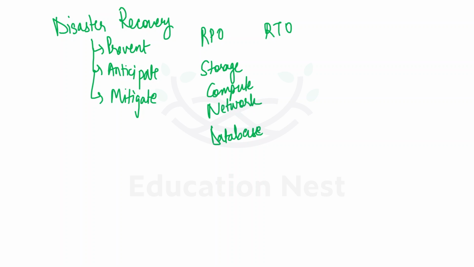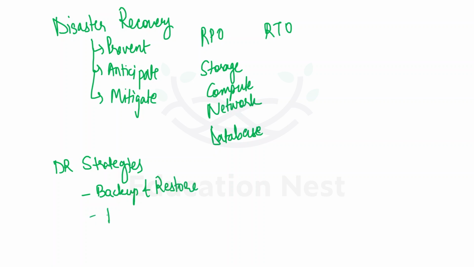After discussing all of this, we went to disaster recovery strategies. We discussed four strategies over here. The first strategy was backup and restore. This is the most traditional one, not used very popularly now. Then we have pilot light. Then we have low capacity standby.